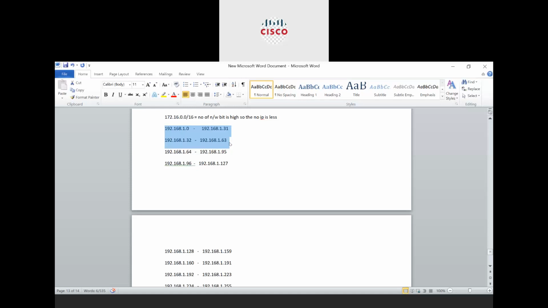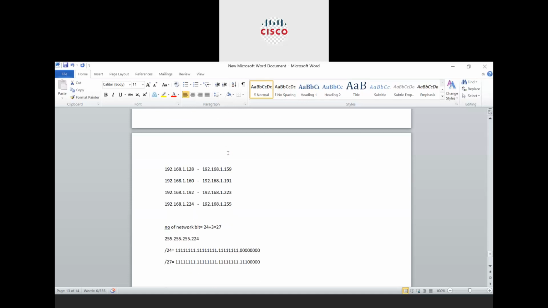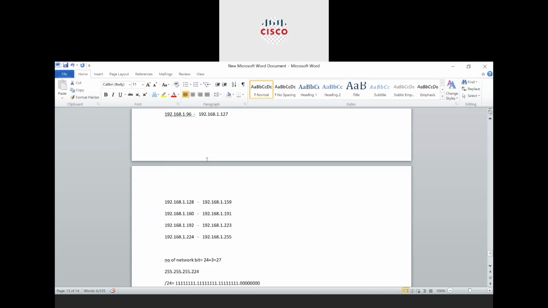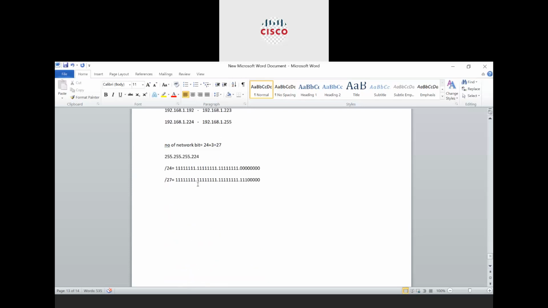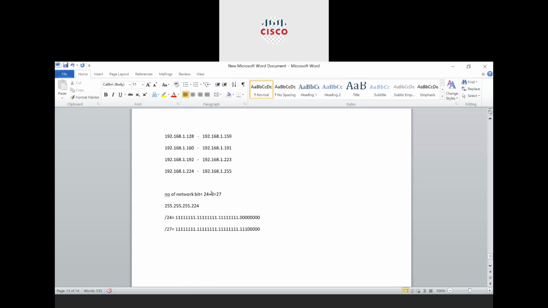Why? Because after doing this subnetting with this network, it will not be a /24 network, it will become a /27 network. Now the subnet mask has been changed.